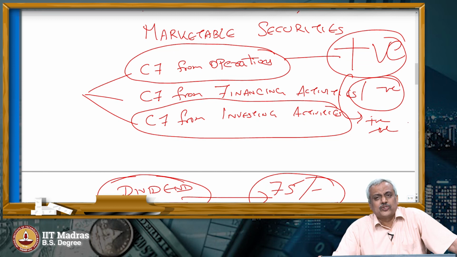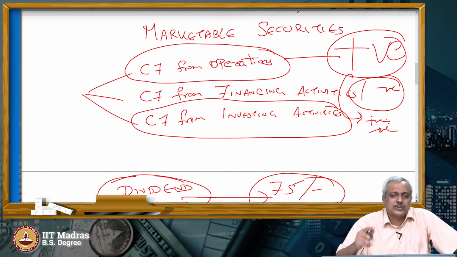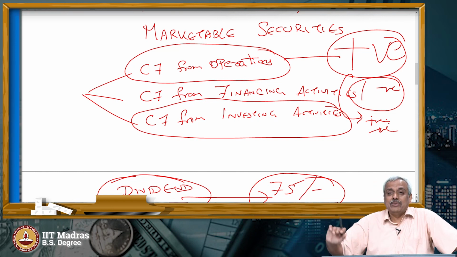There can be outflow also because of investing activity. I can invest in other shares, I can get dividends, so on and so forth. So, this should take care of it. That is the reason we classify the cash flows into three basic categories.